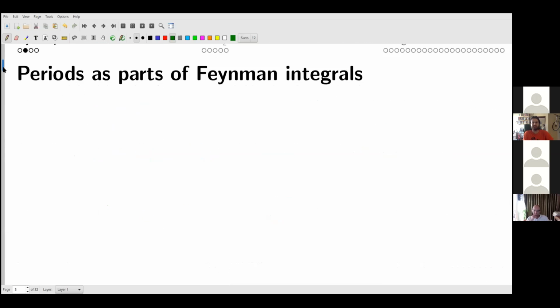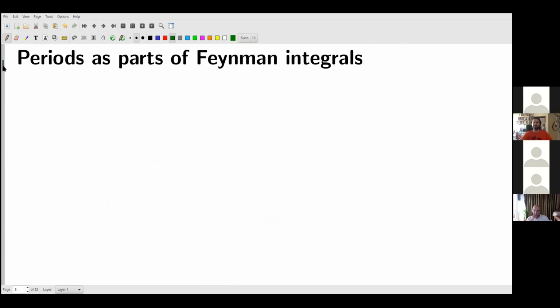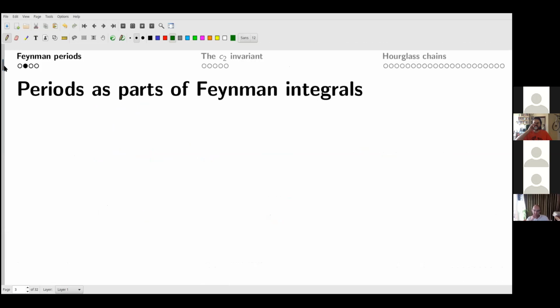All right. So this is just a big empty page, but that was the point of this big empty page, which is a little bit about what I was just saying: the period, as opposed to the Feynman integral, depends on more things. The Feynman integral depends on the momenta of the external particles.